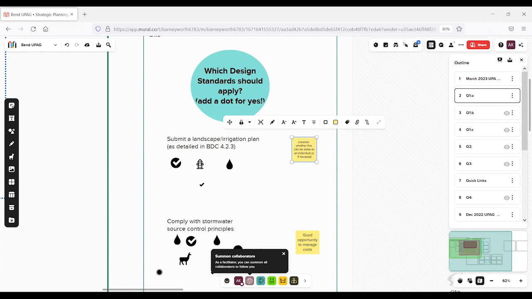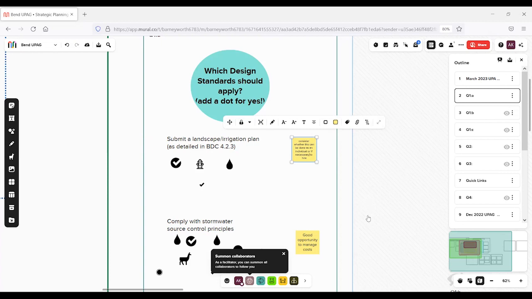I have a question, just kind of thinking out loud here. Just in terms of resources and reviewing, if you were to have them submit a landscape and irrigation plan, whether there's capacity to actually review, or capacity to enforce or inspect after it's constructed.